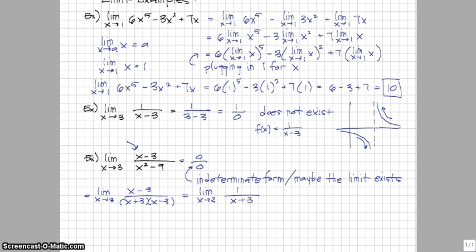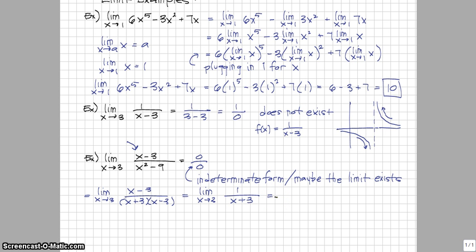Now that's not to say that the functions x minus 3 over x squared minus 9 and 1 over x plus 3 are exactly equivalent. In fact, they have equal outputs at every value of x except for x equals 3. So we'll come back to that thought in a minute. But their limits are equivalent, and we can move on. Now there's nothing to stop us from plugging in the value we're making x approach.